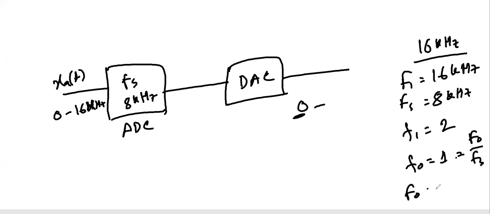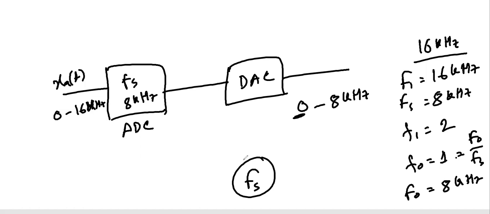What should be the value of capital F0? 8 kilohertz. So that is the maximum frequency folded back, having its alias, and that alias is of course 8 kilohertz. The maximum frequency contained should be the Fs.